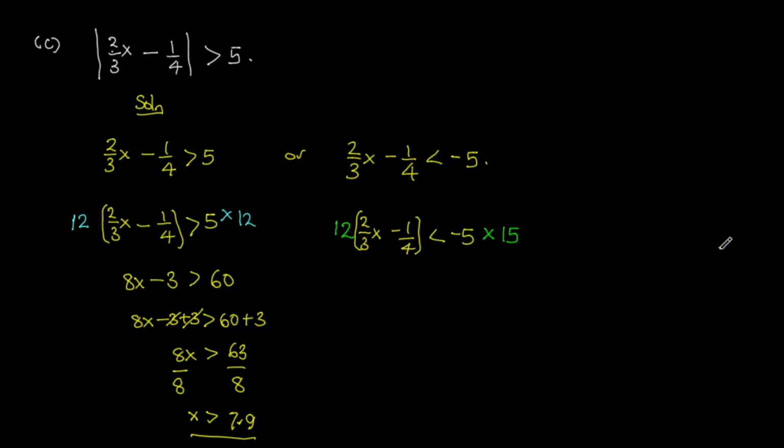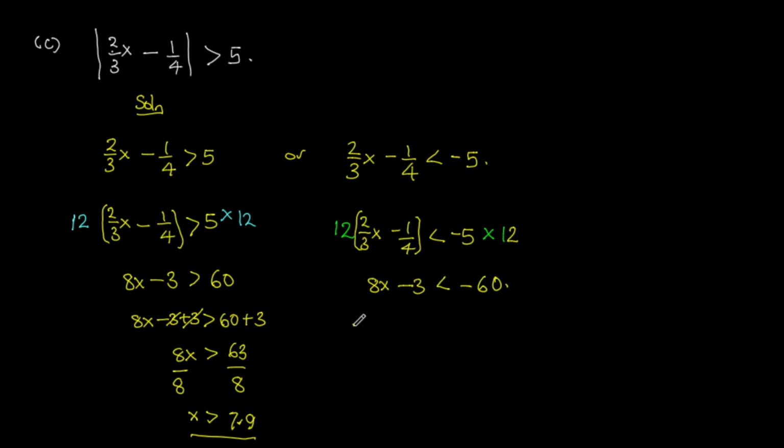So let's erase this and replace it by 2. This 5 is being replaced by 2. Now, dividing 12 by 3, we get 4. 4 times 2 is also 8, so we have 8x. Then this goes to negative 3. It's less than, and this is negative 60.